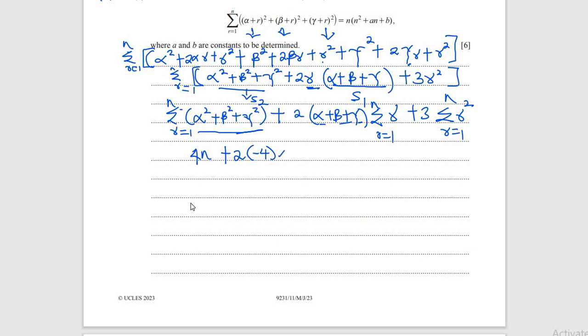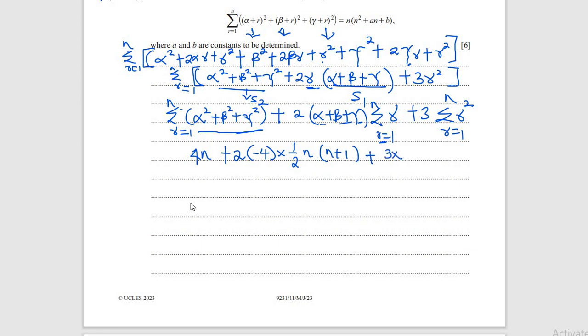And what is summation r from your MF19? Summation r from your MF19 will give us half n into bracket n plus 1. So plus, this is 3.